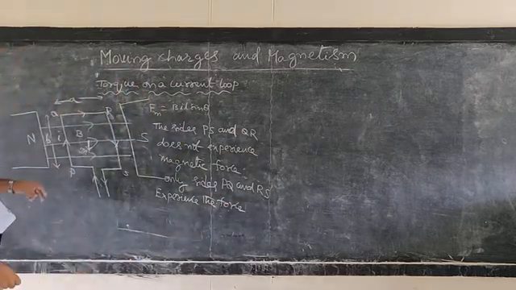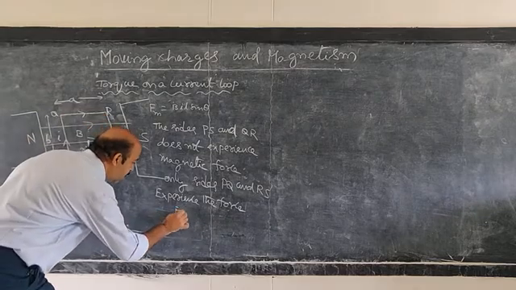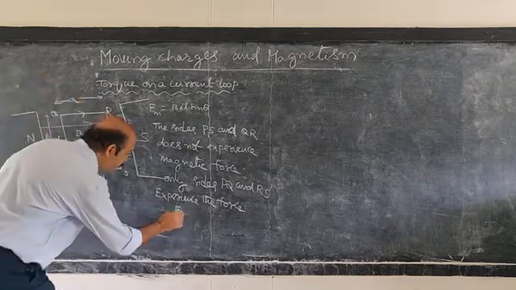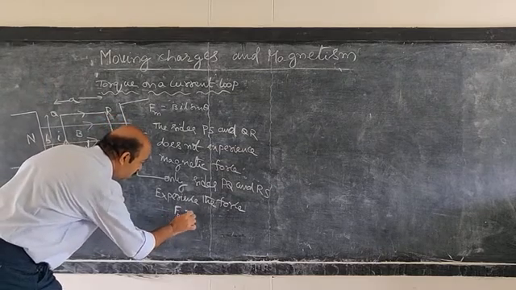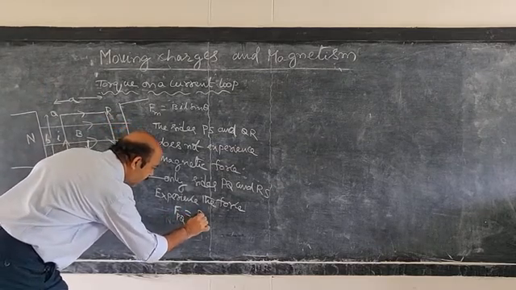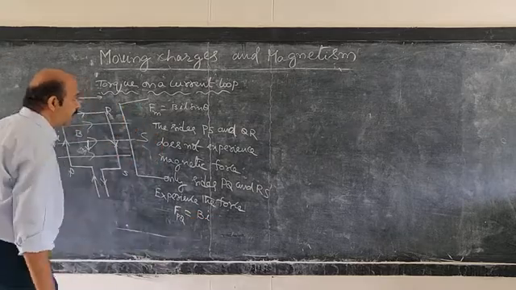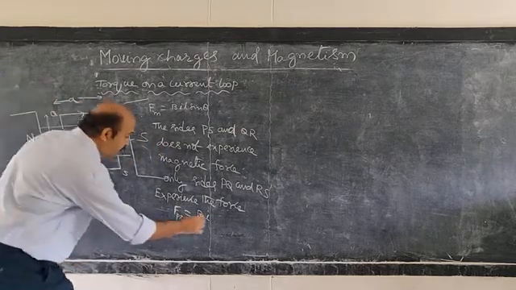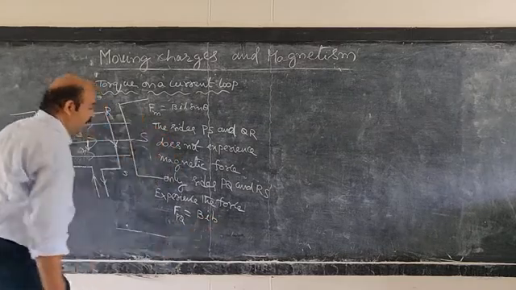So the force on PQ is equal to the magnetic field strength, the current in the conductor, and here I have to take the length of this conductor, say b.